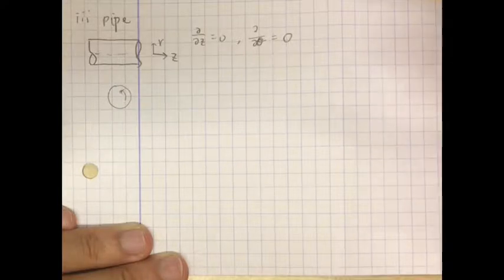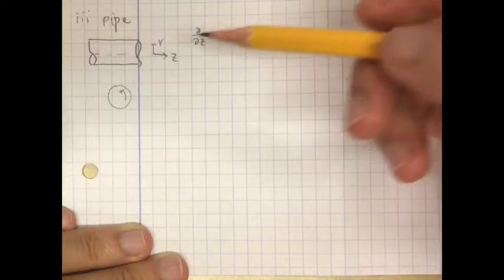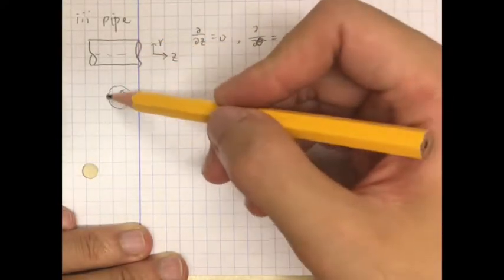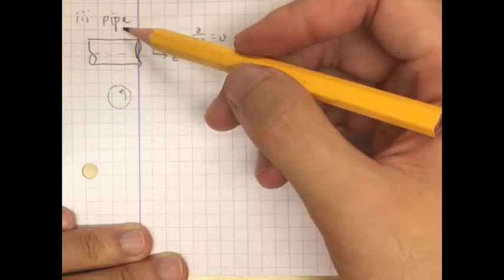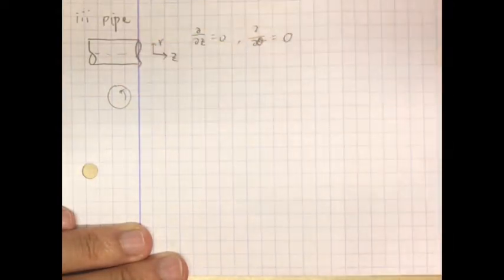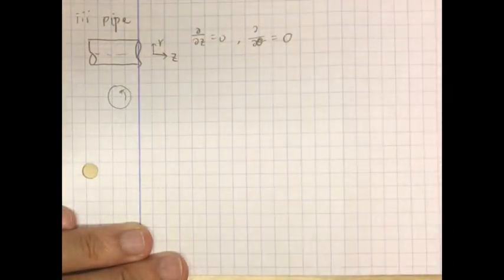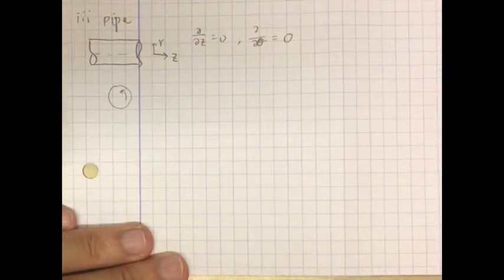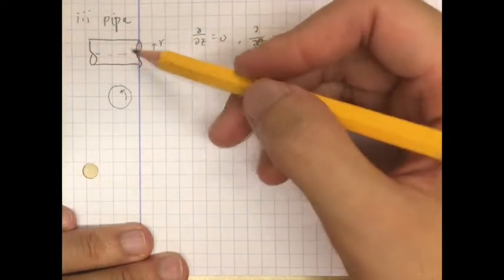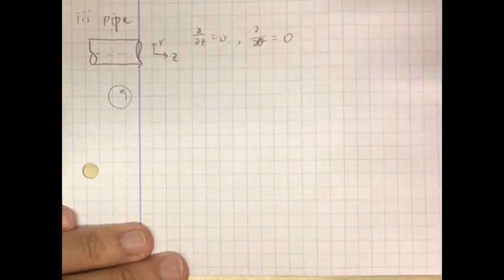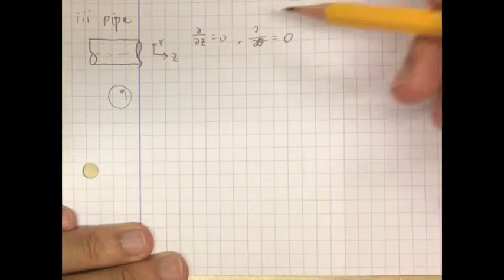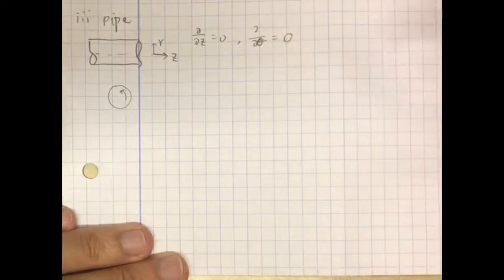And now I close my eyes and another guy rotates the pipe by an angle, and I open my eyes again. Can I tell the difference? I cannot, right? This means the flow properties don't change with theta. Or you can say it's just symmetry, right? Symmetry.